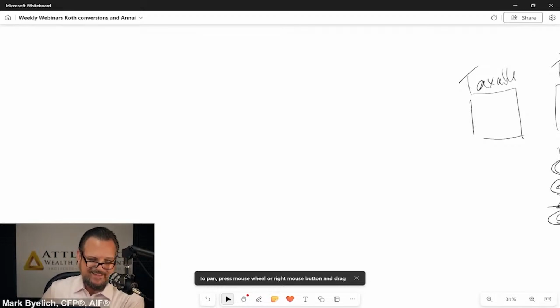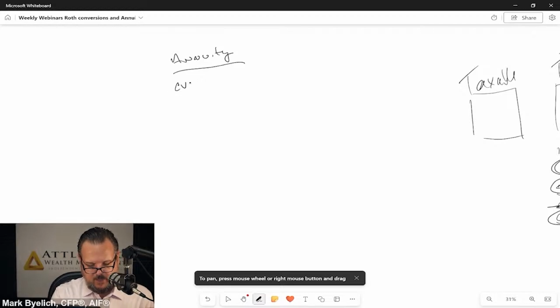So when we talk about the potential benefit of using an annuity, let's go over here. If we think about it this way, we have a current value or contract value of the annuity. So let's use that same value, $500,000. Just like a mutual fund, just like a stock or a bond or an ETF or something like that, it will have a current value.